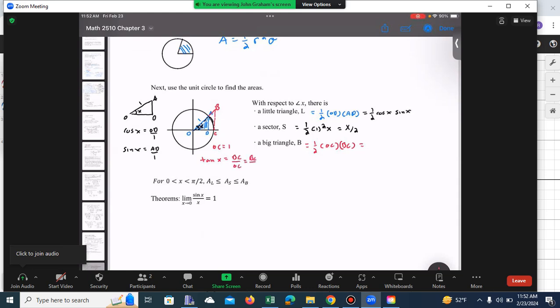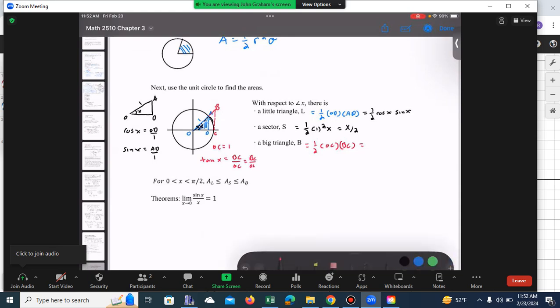OC equals 1. So in other words, BC equals tangent x. So this becomes 1/2 times 1 times tangent x.